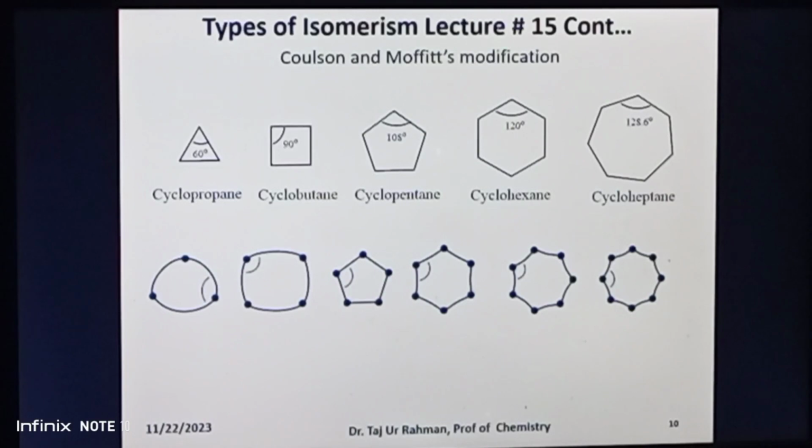This slide shows the various cycloalkanes along with their bond angles. From the look of these structures, we can say that cyclopropane has bent bond or banana bond with lesser or minimum sp3 hybridized orbitals overlapping and lower stability.